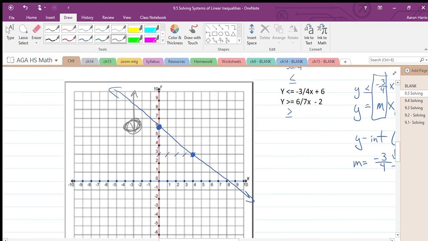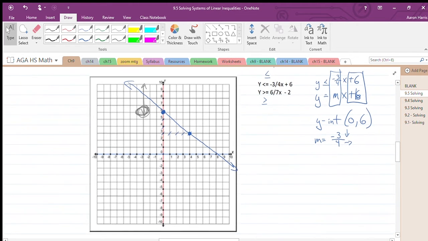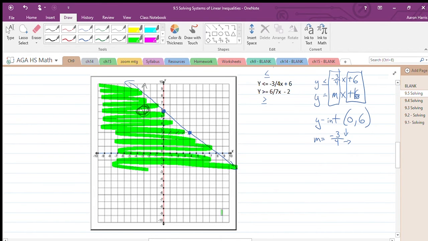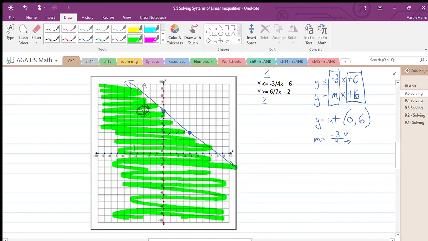So this side of the line is what needs to be shaded. So here we go. I'm going to shade this whole area. All of this green area makes this inequality true. Does that make sense? Okay.